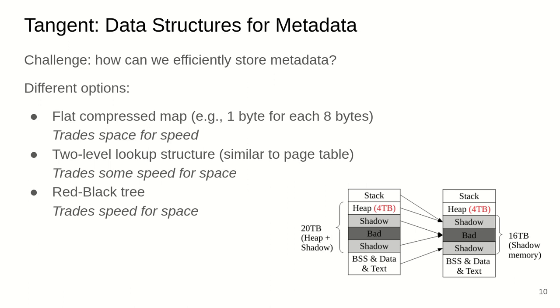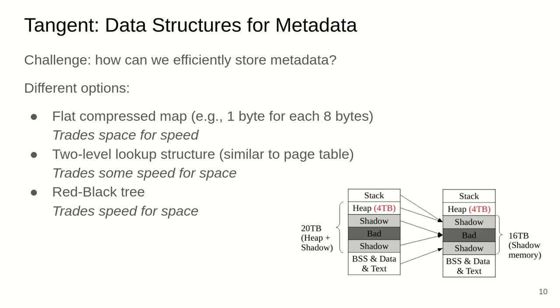So ASan takes the large virtual address space, reserves a chunk of the address space, so for example 16 terabytes in a 64-bit address space, as the figure on the lower right shows, and thereby enables a very efficient lookup.